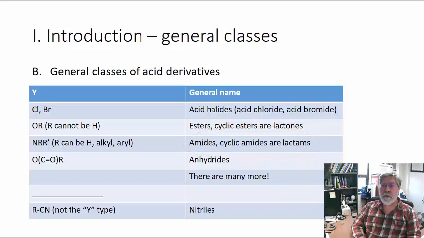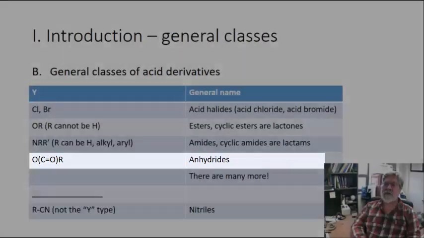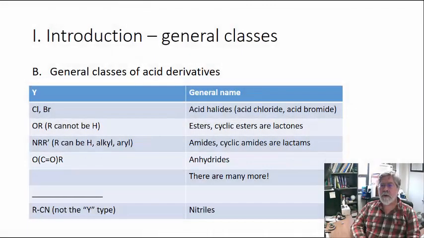The Y group could be a carboxylate. It's a little difficult to write that using letters on the keyboard, but that would be from the parent acid group, R carbonyl, then the Y group is a single-bonded oxygen that is bonded to a carbonyl.